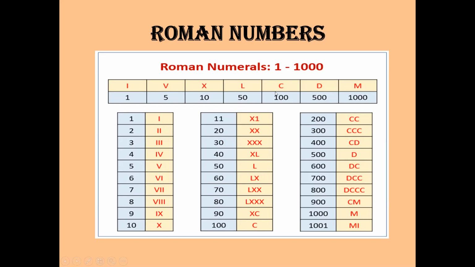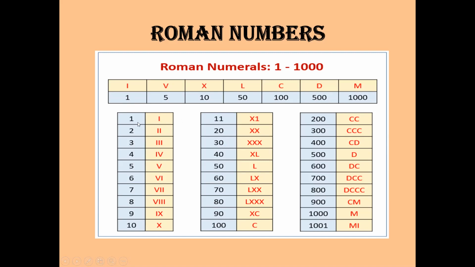L is 50. C is 100. D is 500. M is 1000. So again, I will explain here. You should learn by heart, my dear. I is 1, V is 5, X is 10, L is 50, C is 100, D is 500, M is 1000.